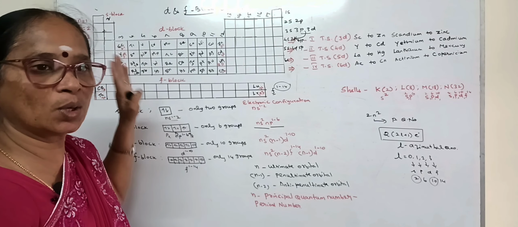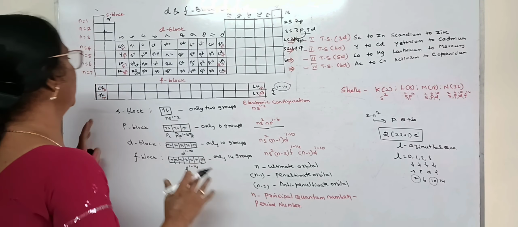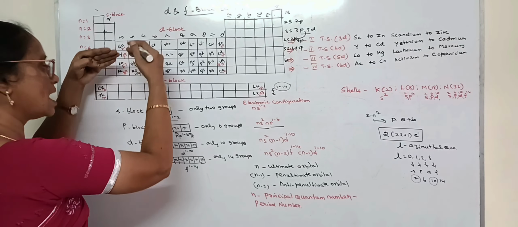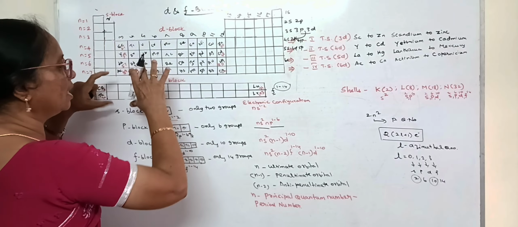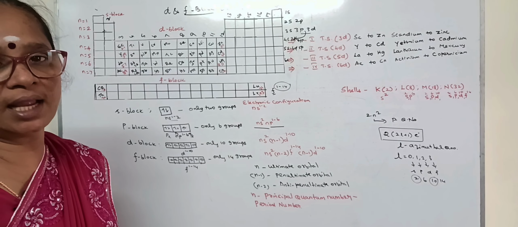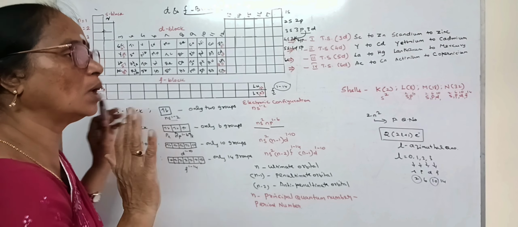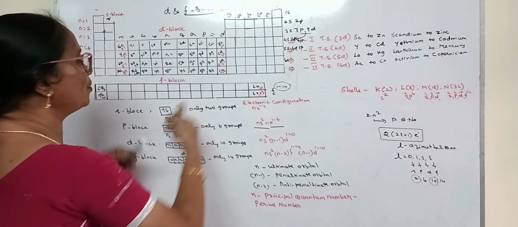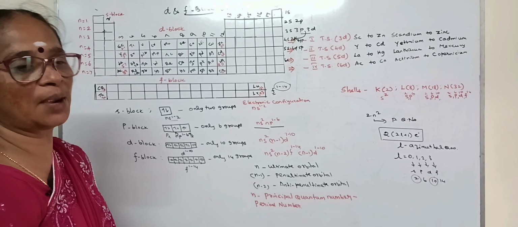So to avoid the collapsing, what we are doing is, the electrons that enter into the F orbital are taken away from the D block and kept just below the periodic table, just to avoid the collapsing of the electronic arrangement of elements. The F block elements are just kept below.